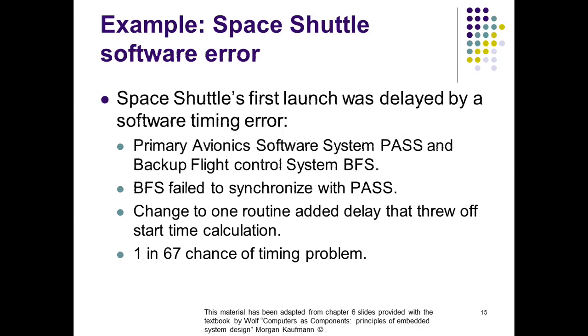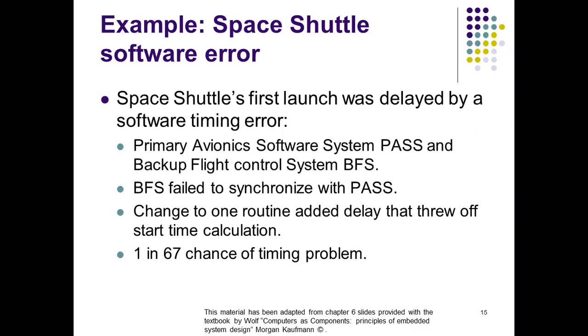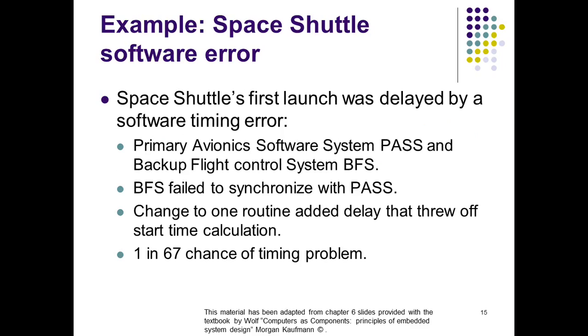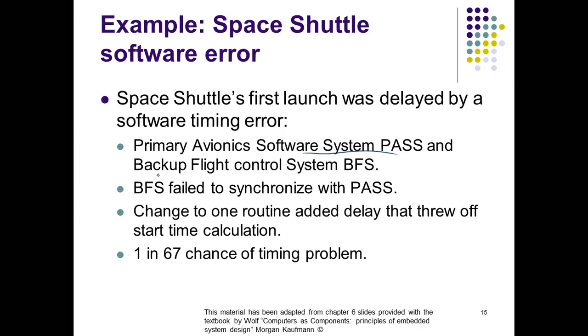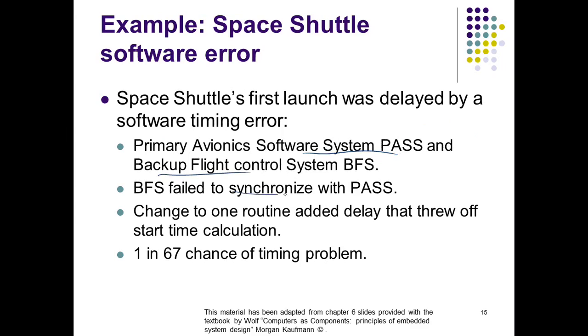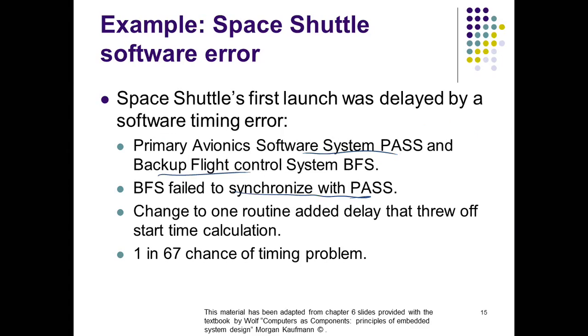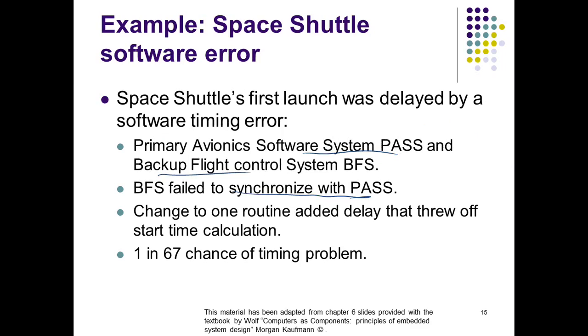Right. And here is an example of where you can. There's tons of these famous examples where people have failed to meet deadlines. In the Space Shuttle's first launch, you had two control systems which had to communicate and synchronize with each other, and someone did a bit of software code change.